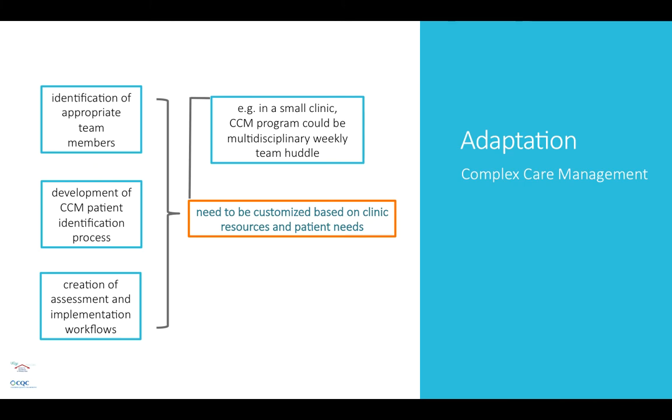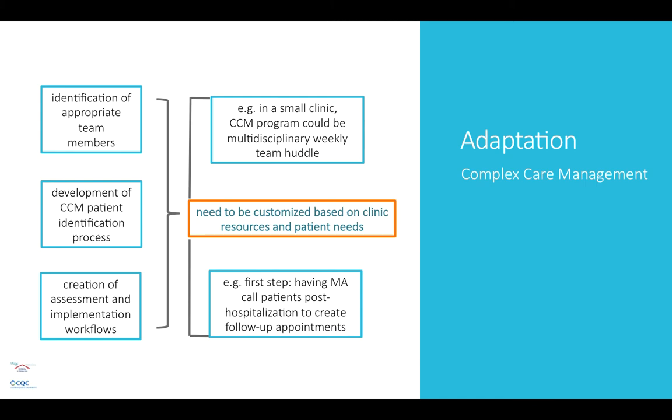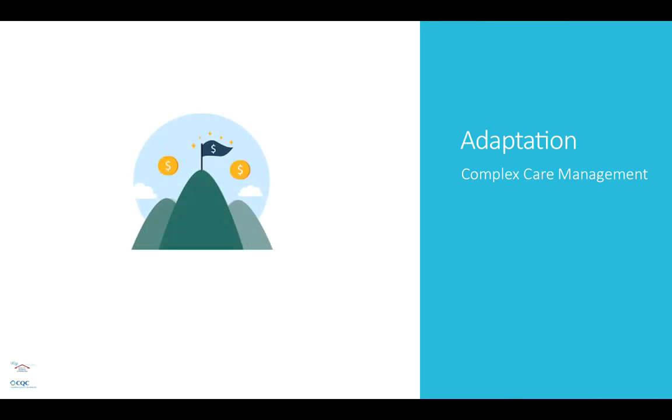For small, independent practices beginning complex care management programs, one first step might be as simple as having an MA call patients after hospitalization to create follow-up appointments with the clinic. Depending on the resources of the clinic, this could expand into a workflow for reconciling medications and checking for concerning symptoms.